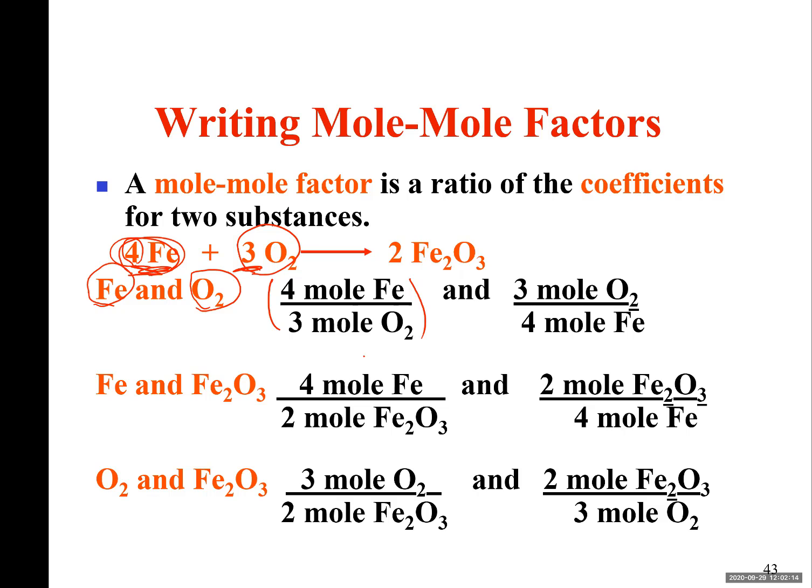In other words, take the bottom to top, take the top to the bottom, you have the other conversion factor. They're both equal to 1. So by looking at this chemical equation, I can write 2 conversion factors between the number of moles of oxygen and iron.